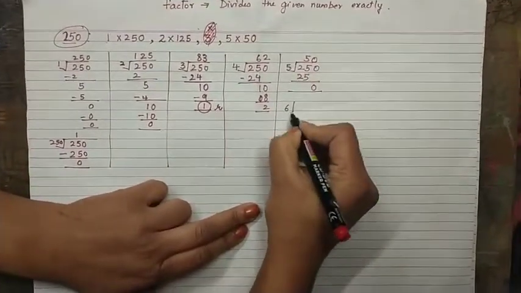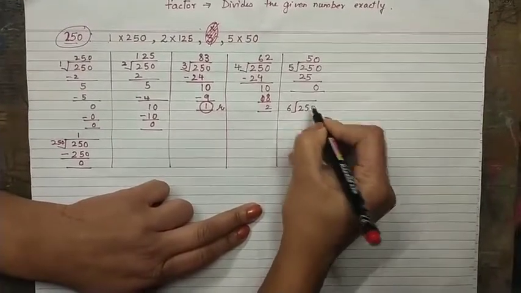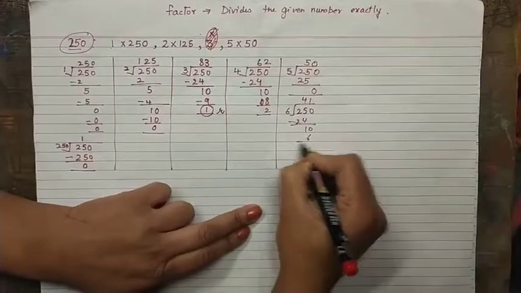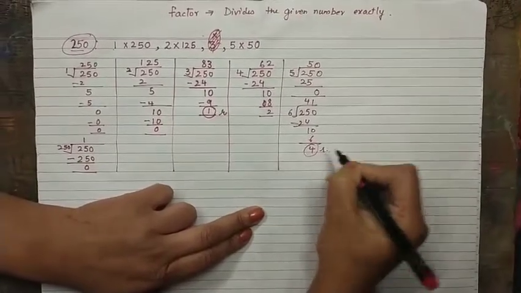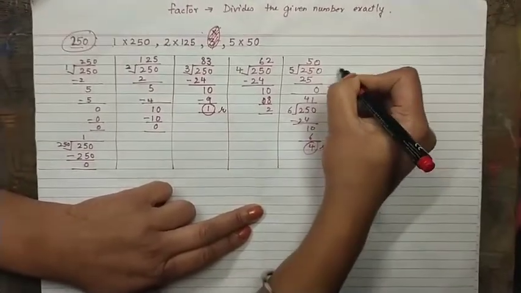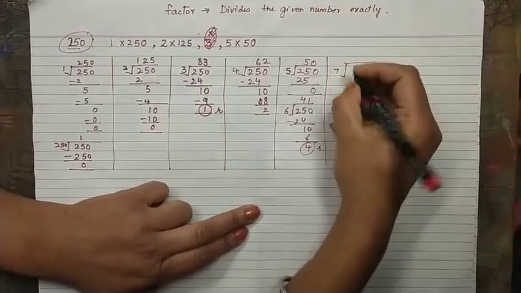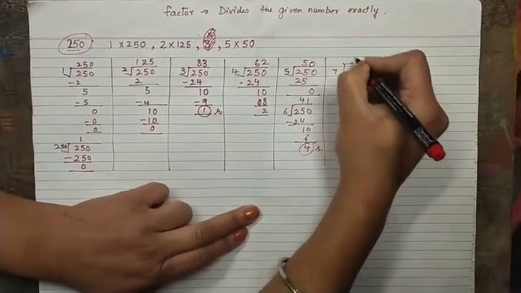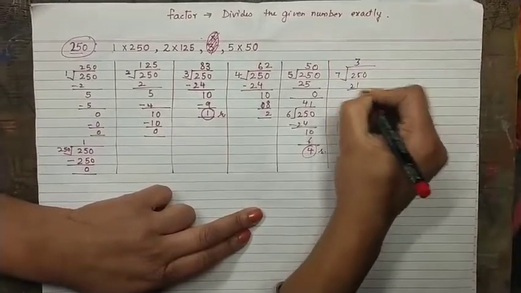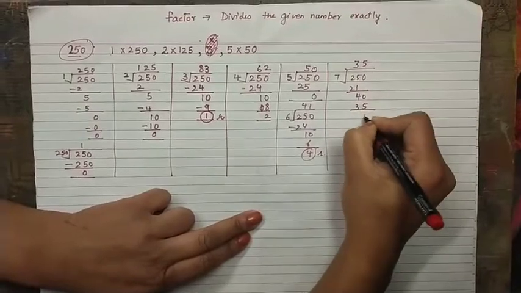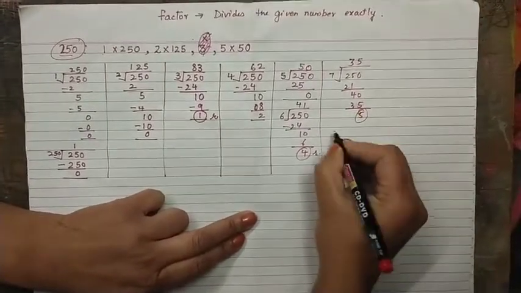Let us check with number 6. 6 4s are 24. 6 1s are 6. 4 is the remainder. So 6 is also not a factor. Now 7. 7 3s are 21. 40. 7 5s are 35. 5 is the remainder. So it is also not a factor.